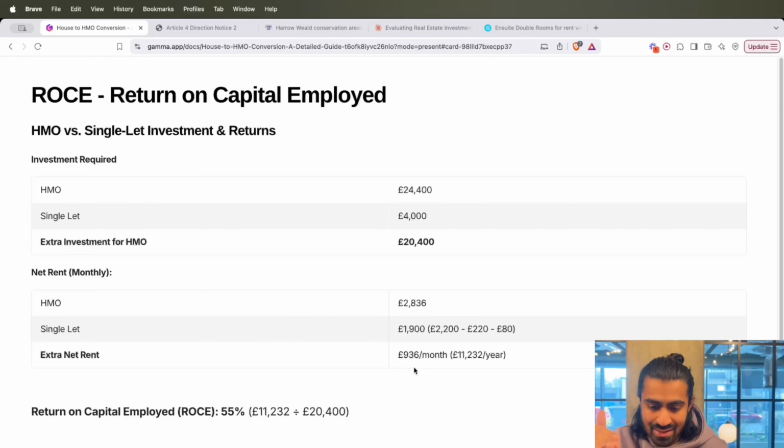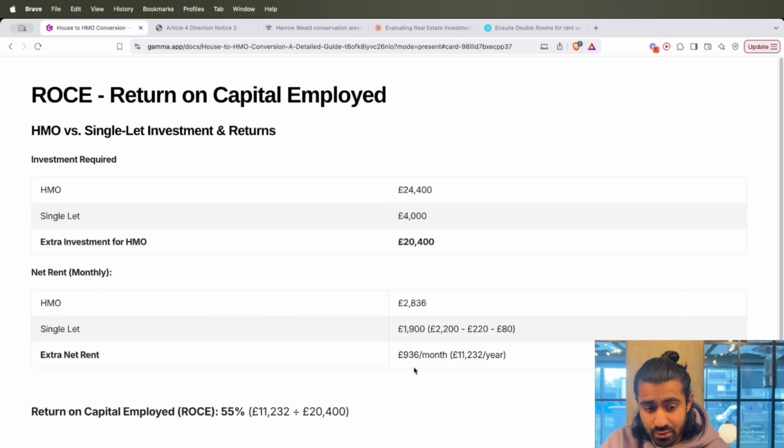And what I mean by net is you've got £2,200 of gross rent, £220 would be the management fee, and then £80 would be a small maintenance budget, and that would be monthly. So if you were to run the property as a single family home, you would invest £4,000 and rent the property out at £2,200, assuming you are getting a management agent to manage the property, then your net rent would be £1,900.